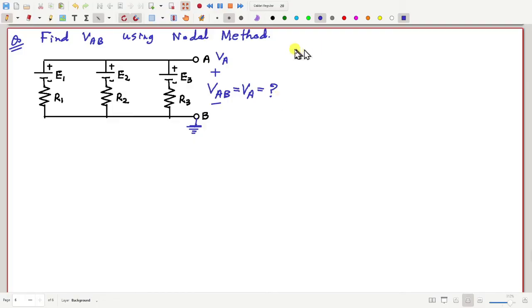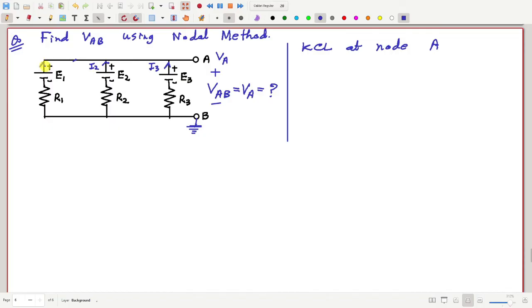How do we do it? Let us apply KCL, Kirchhoff's current law, at node A. Let me call these currents I1. This current is I2 and this current is I3.